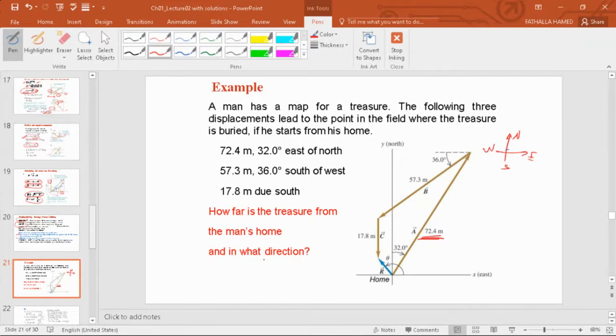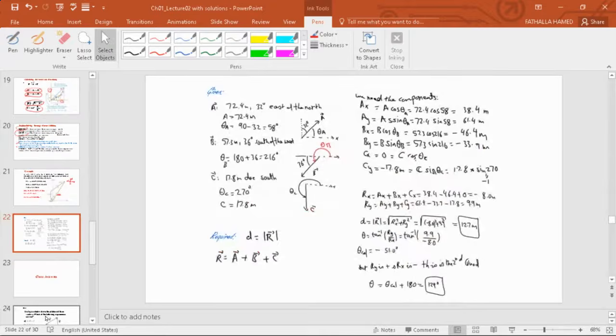They tell you, give me the magnitude and direction. Well, you can do this graphically, and you can do this by using your knowledge of trigonometry, or you can do it by breaking each vector into components. So let's look at the first vector.